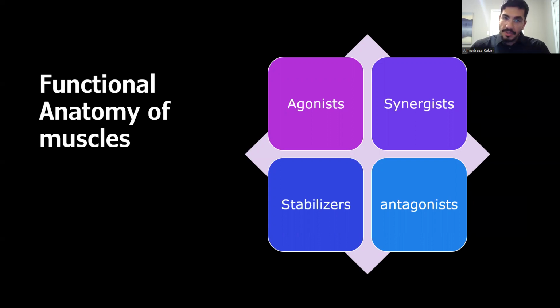Stabilizers, which I think is obvious from their name, do the stabilizing action of joints and bones, I suppose, and the antagonists are the opposite of the agonist muscles.